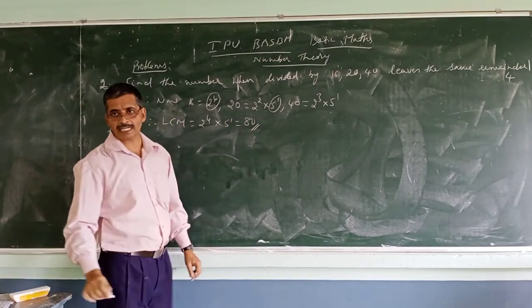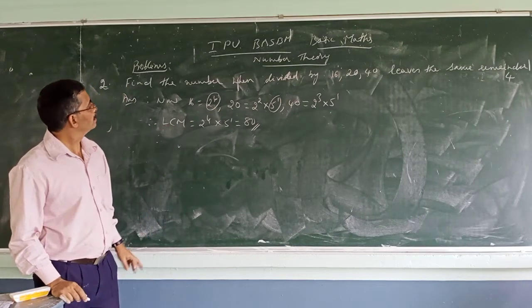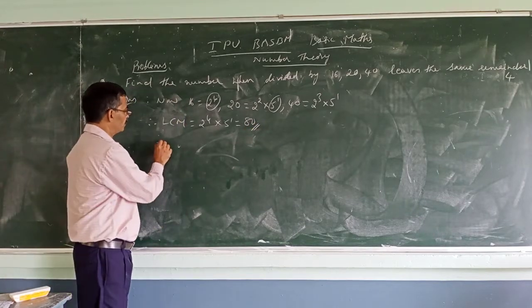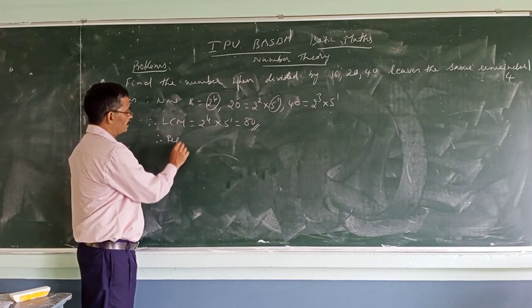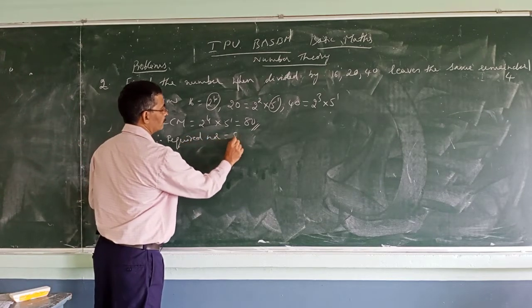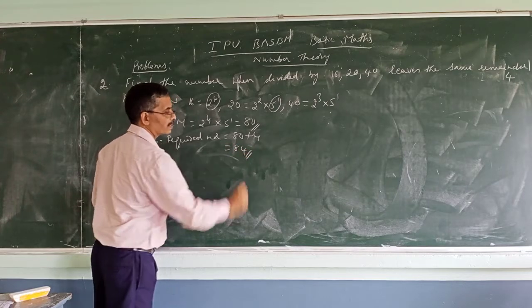So the LCM is 80, and the required number is 80 plus 4, 84. This is the method.